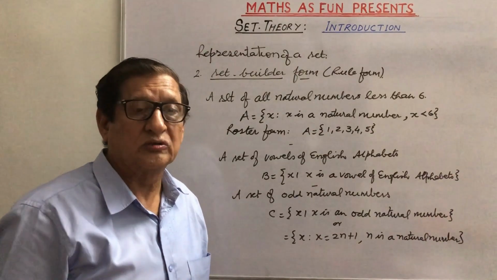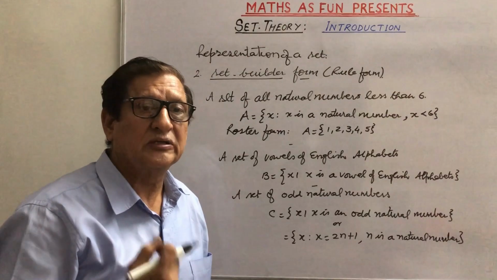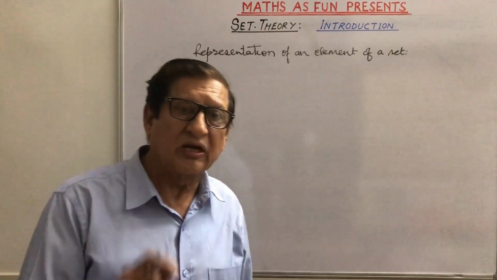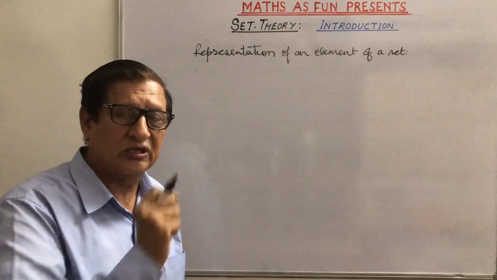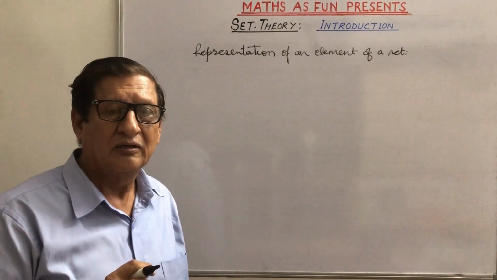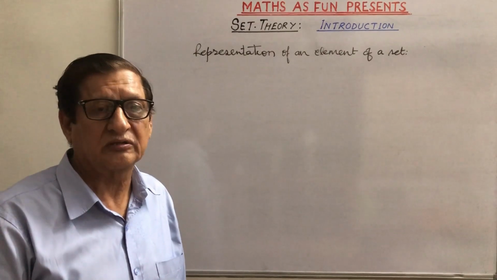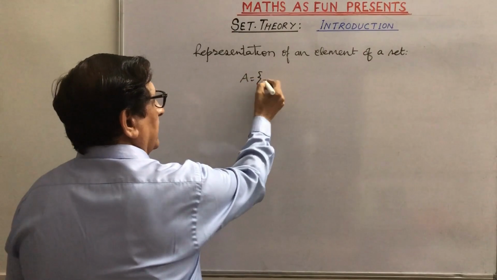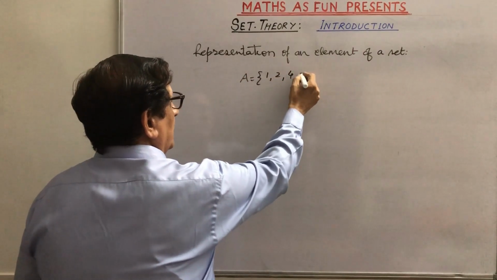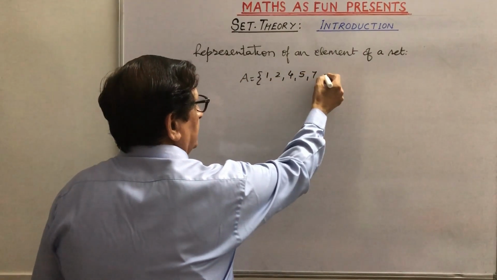Now we will be learning about the representation of elements of a set. So we have learned that the objects or the members contained in a set are known as its elements. How to represent the elements of a set? See, suppose we have a set A containing the elements 1, 2, 4, 5, 7, 8.